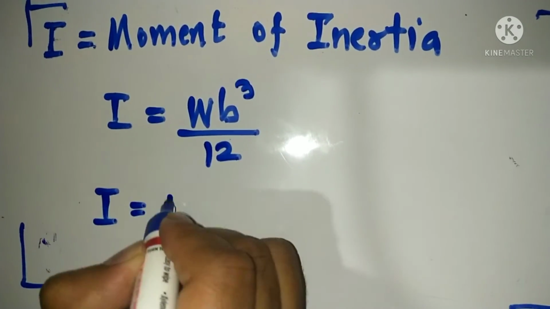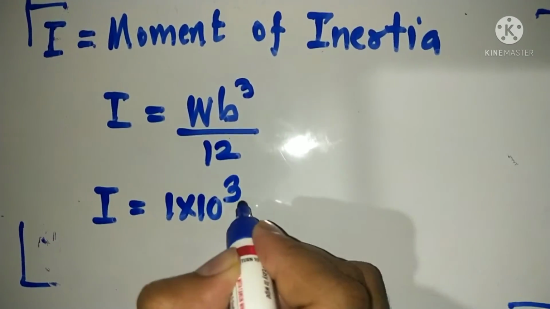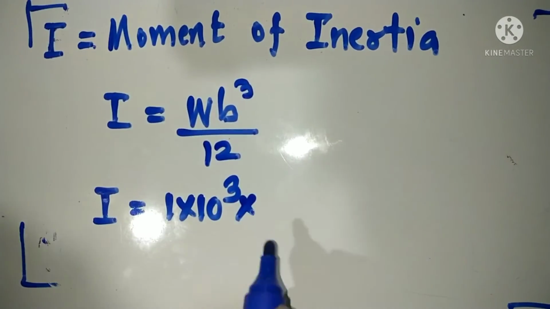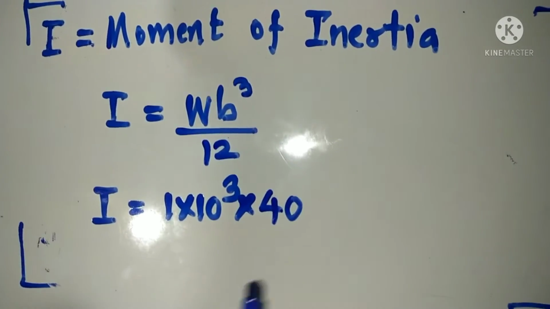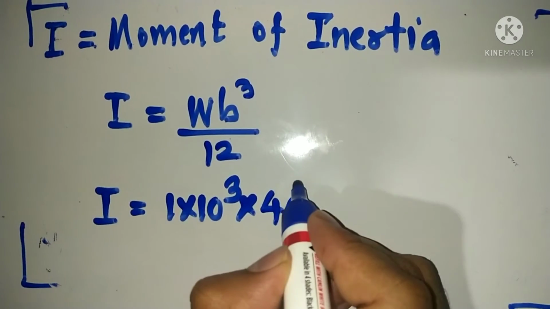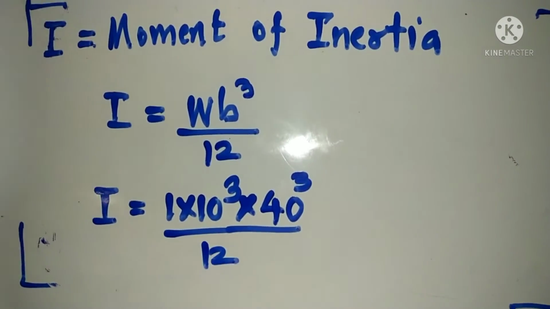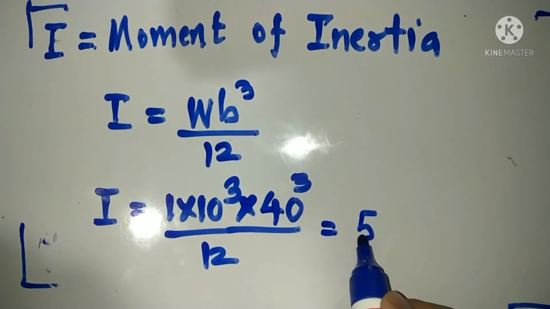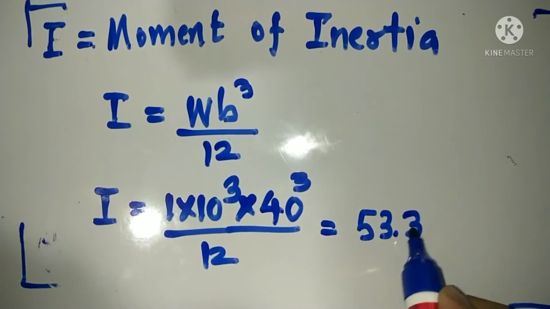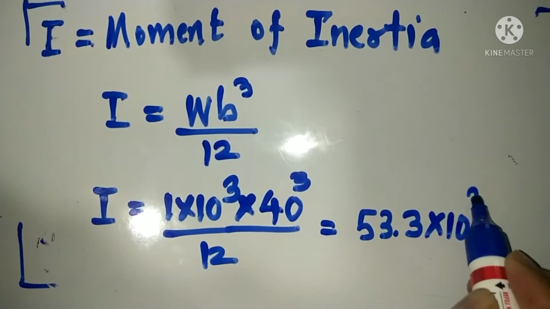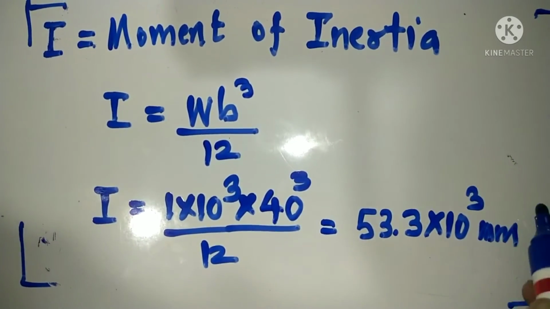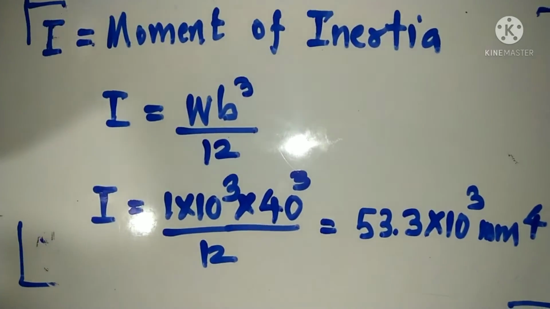I will put the values, 1 into 10 raised to 3 as W, and B is the height, 40 cube divided by 12. So my answer is 53.53 into 10 raised to 3 mm to the power 4.